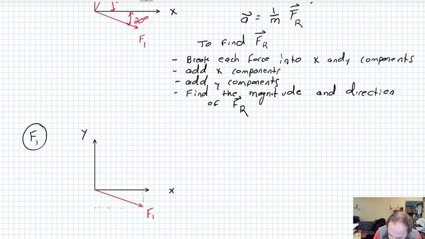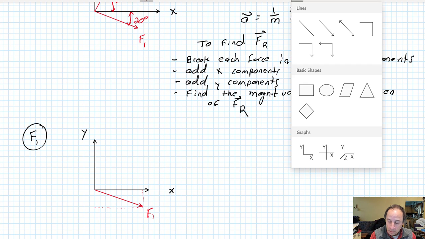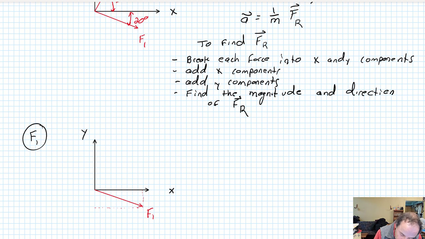Just some dotted lines to guide the eye. We have an x component to here, and we have a y component here. So this is F1 in the x direction, this is F1 in the y direction.